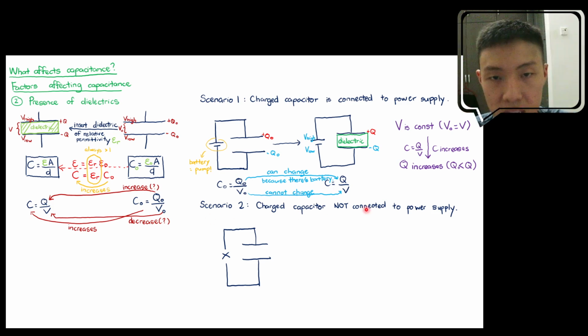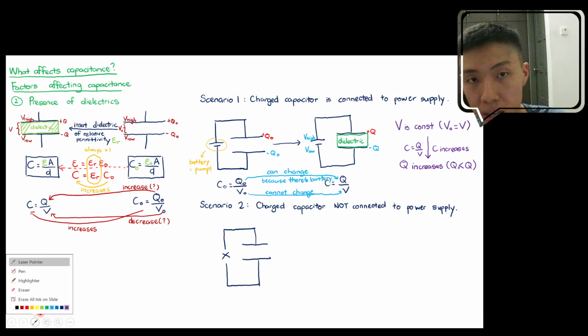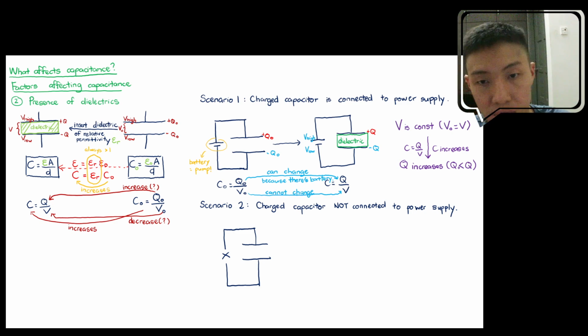Moving on to the second scenario: charged capacitor not connected to the power supply. So not connected to the power supply, what happens if we insert a dielectric right now?